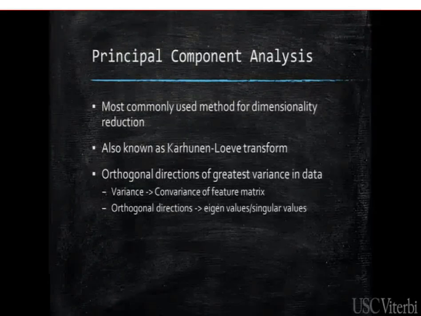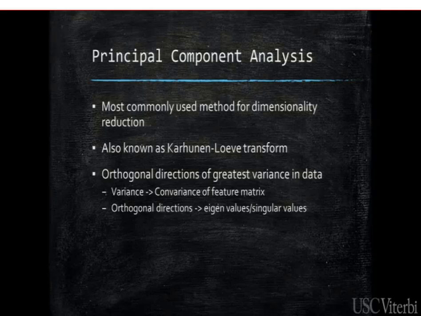Principal component analysis is very frequently used for dimensionality reduction. It's also known as the Karhunen-Loeve transform, and it's very common in DSP. Basically, it just transforms your basis to an orthogonal basis. So the motivation behind principal component analysis is, first of all, you transform the data in such a manner that the resultant basis is orthogonal.